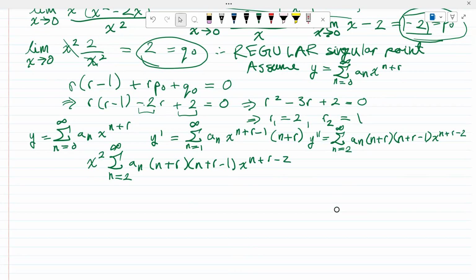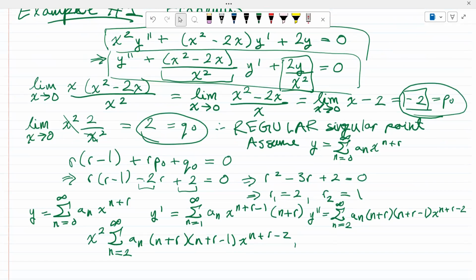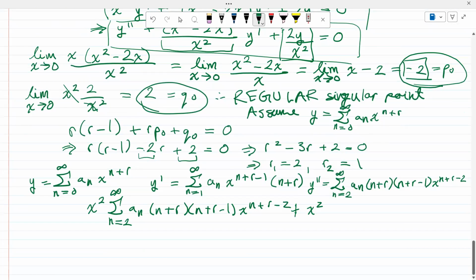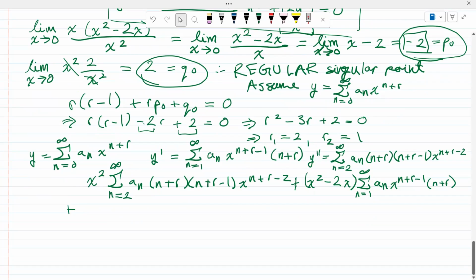Then we're adding this with x squared minus 2x times this series expression for y prime, n equals 1 to infinity an x to the n plus r minus 1 times n plus r, and then plus 2 times the series n equals 0 to infinity an x to the n plus r. And then all of this is equal to 0.